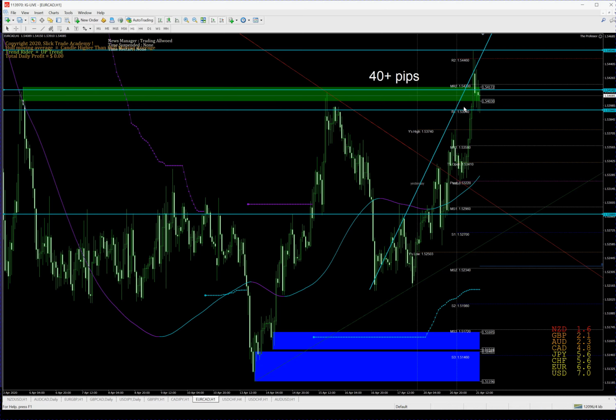So if this level holds, we can definitely see a nice continuation of the uptrend. If this does not hold, then we may see some consolidation happening in here. So only time will tell. But either way, it was a nice little 40 pip move there.